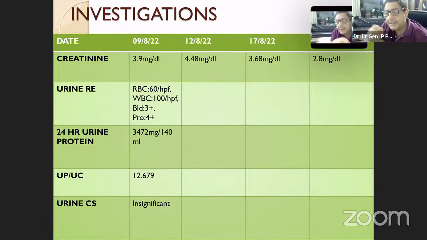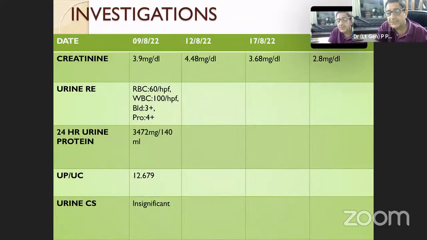So the indirect question from the audience is, if a person is already on ARBs, like the present person, and develops acute renal failure, should we stop or not? Question 1. Question 2, if you are stopping, for how long? And then when should we resume?